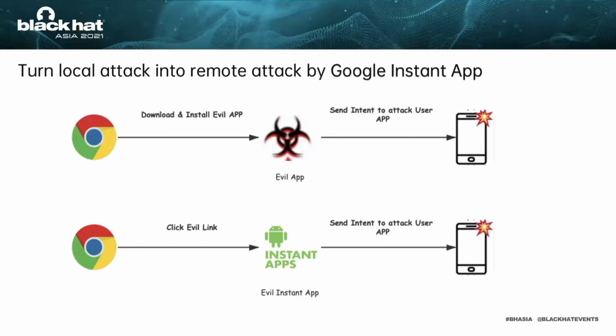Since the instant app does not need to be installed, is it possible to directly click on a malicious link? The link will open the instant app, and then use the evil instant app to attack the user's app.